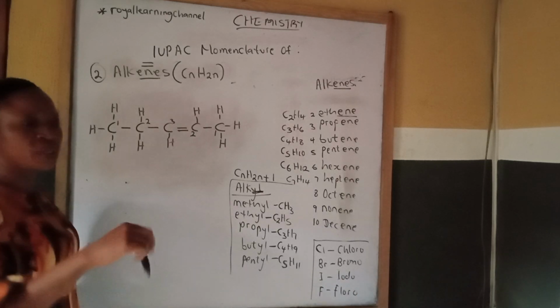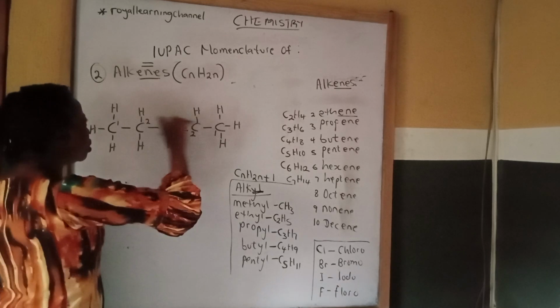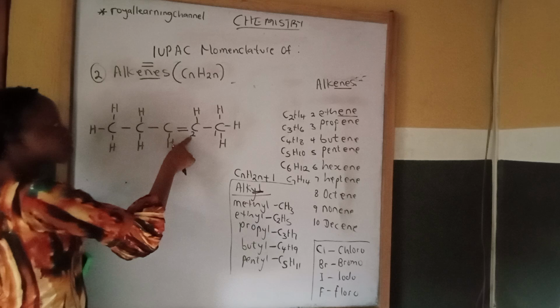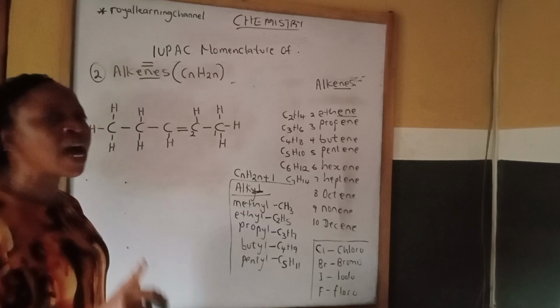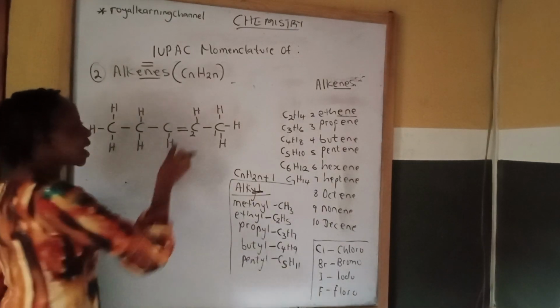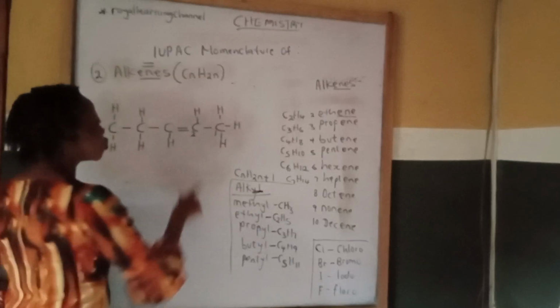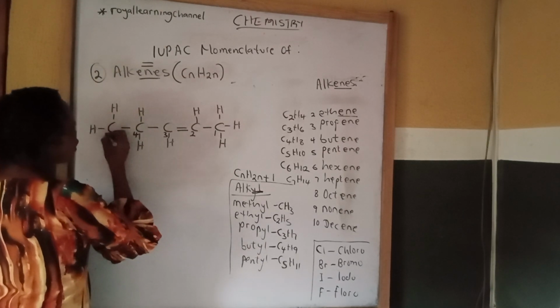And the rule says that you name from the end which will give the lowest number to the functional group, because we consider our functional group in naming of especially alkene and alkyne. So our functional group for alkene is the double bond. So we name from this side: 1, 2, 3, 4, 5.